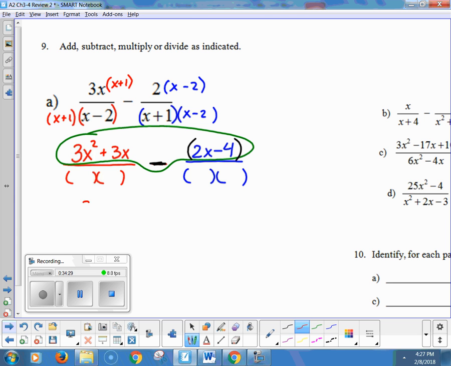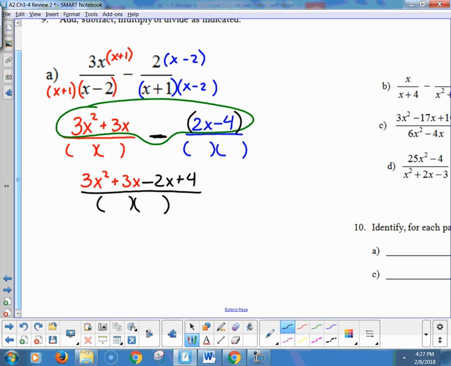And so what we get is 3x squared plus 3x minus 2x and plus 4 over a bunch of stuff. And that cleans up a little bit. 3x squared plus x plus 4 over x plus 1 times x minus 2.